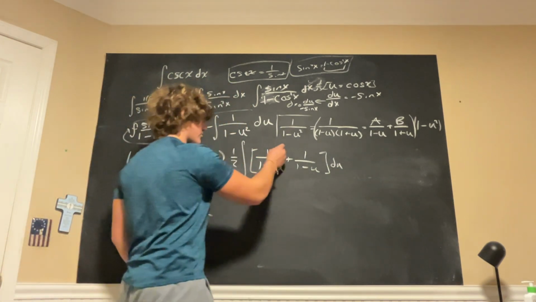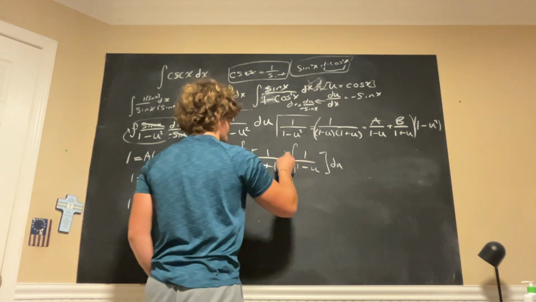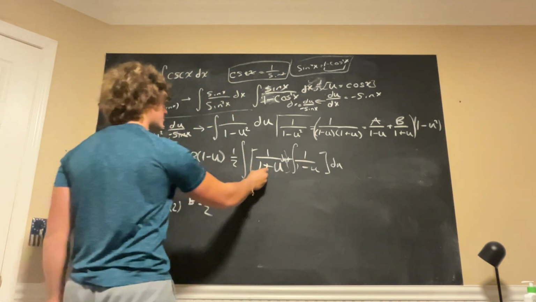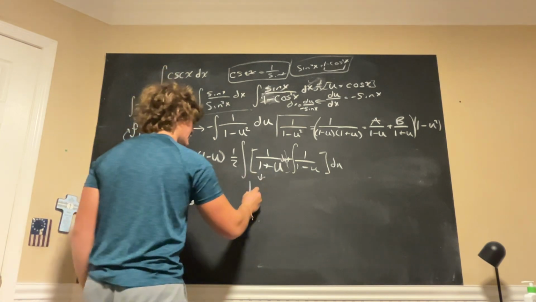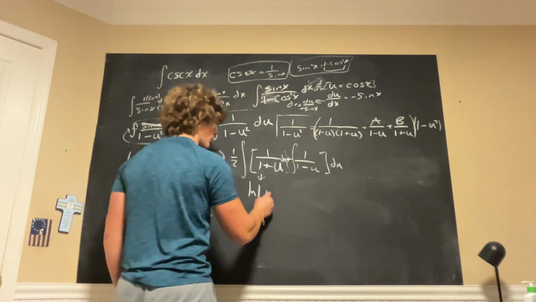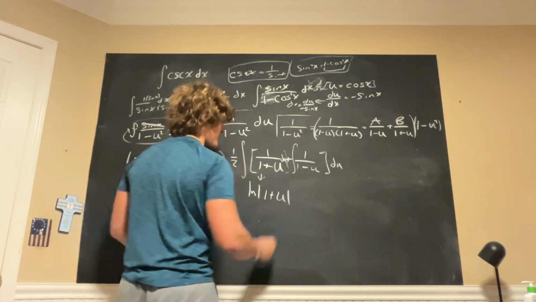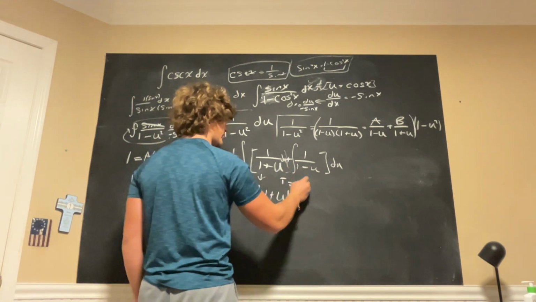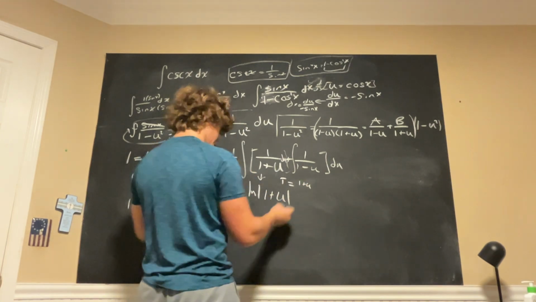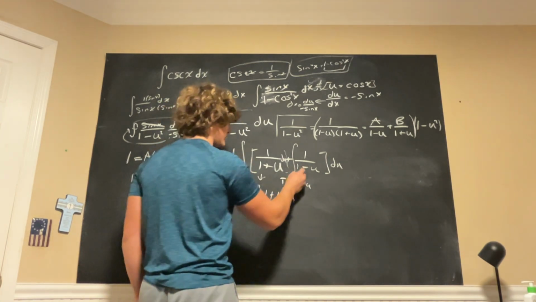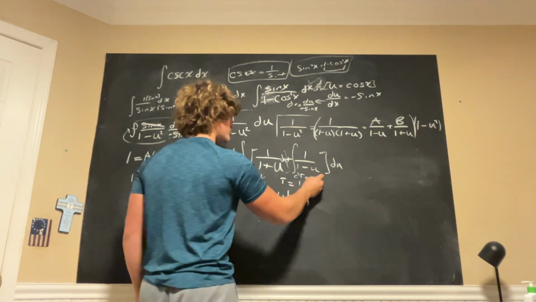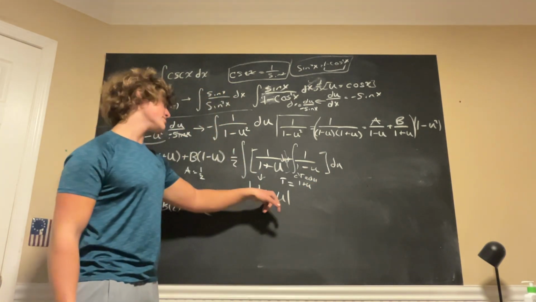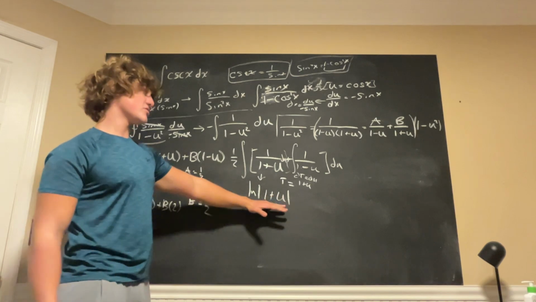This first integral right here, I will rewrite as two integrals, du, and this is another integral. So this first integral is simply ln of 1 plus u. Since u is positive, we do another substitution where t is equal to 1 plus u. So dt is just du, so you can plug them in no problem, and you get the ln of t, where t is 1 plus u. So this is your result.